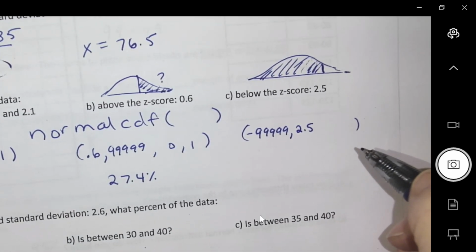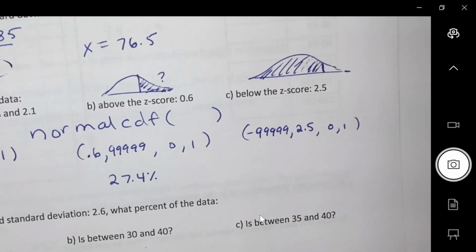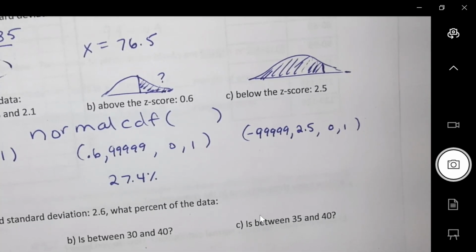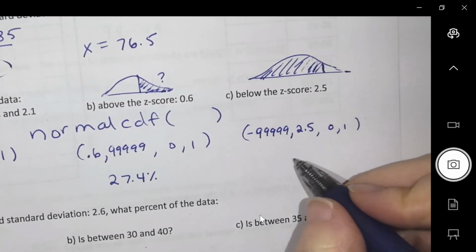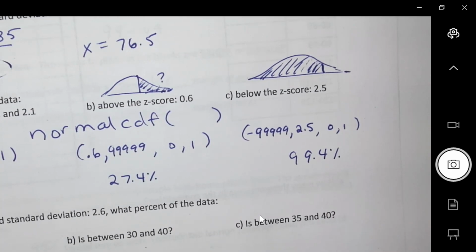Does that make sense? As a domain. And then 0 and 1 again. I told you it was going to be quite a bit because look at all my drawing there. Most of your data is below you because you're really high up there, right?